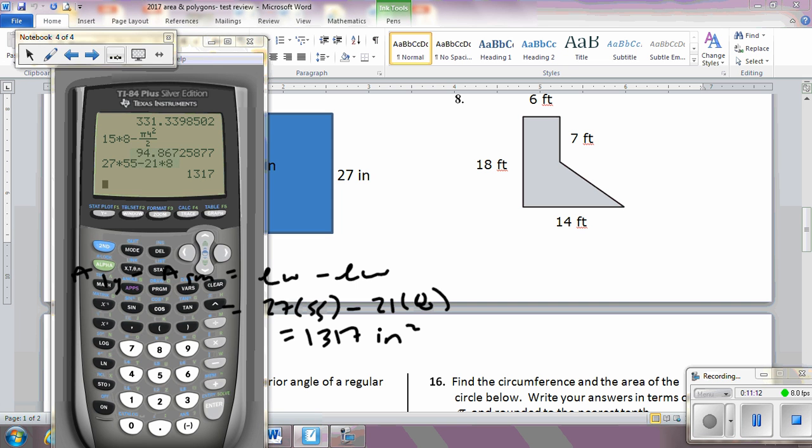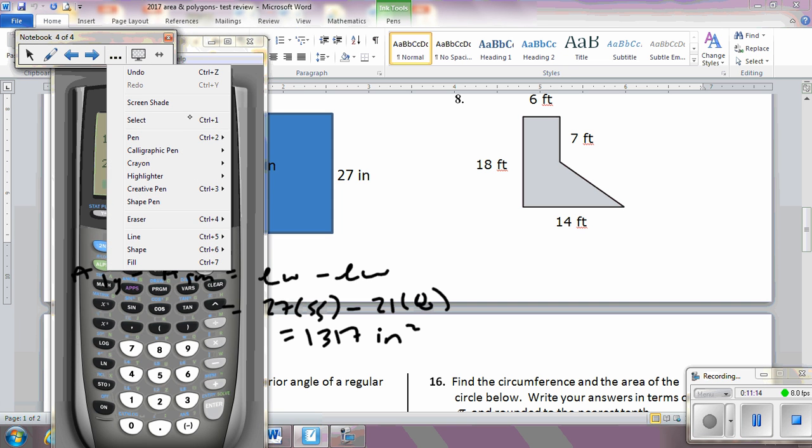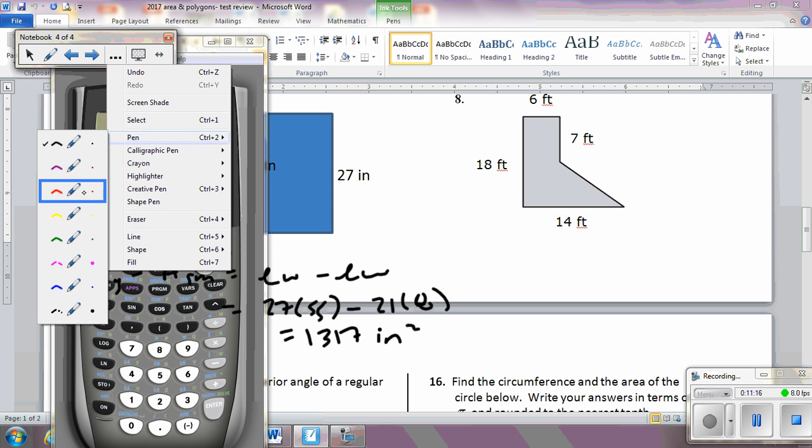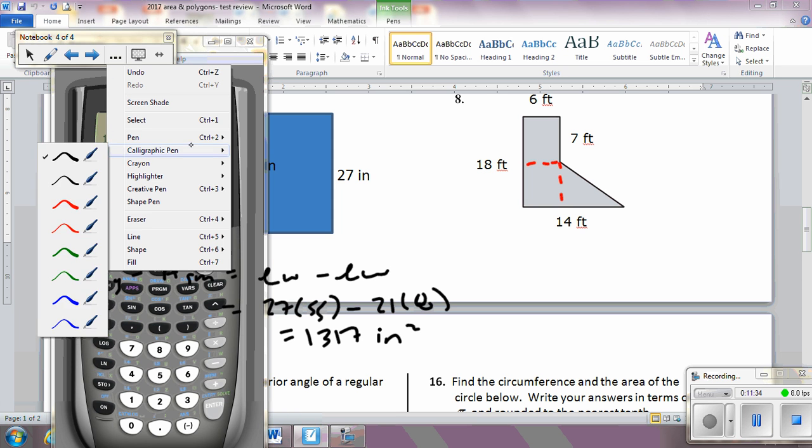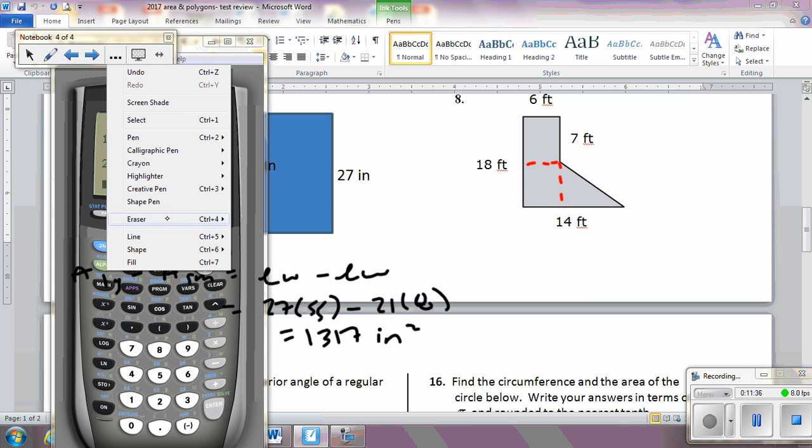And last but not least, number 8, well, this one is a composite, and I could separate it into a rectangle and a triangle, or you could say a trapezoid and a rectangle. You have options. I'm going with my first gut.